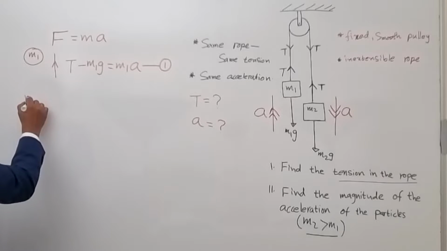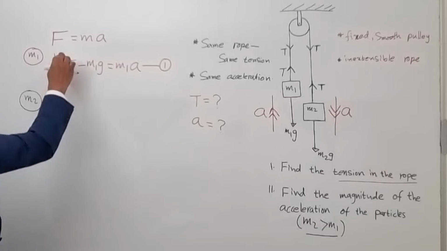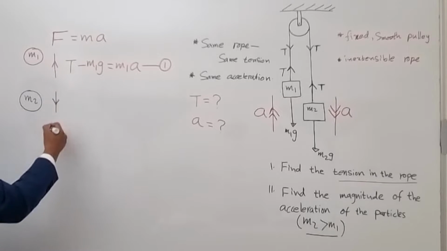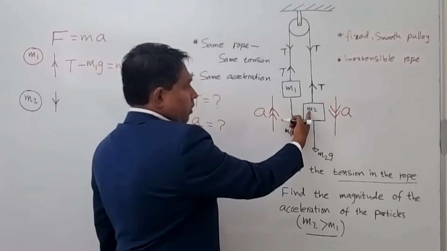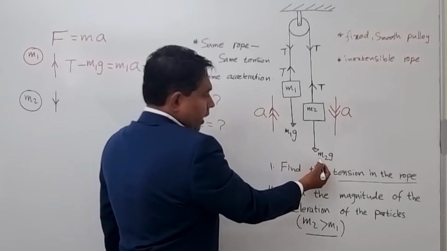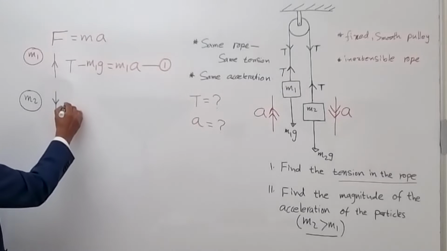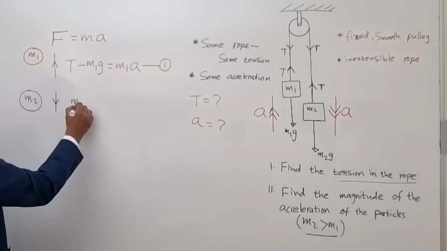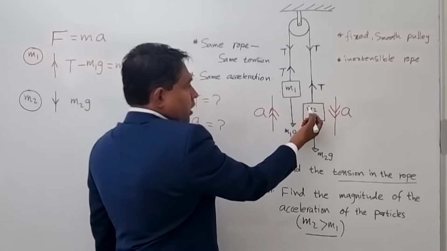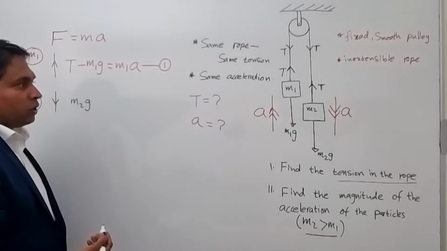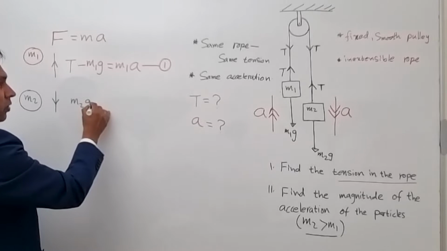Now let's see all the forces acting on this particle. I can see m2g is downward, in the positive direction, therefore that is a positive force, m2g, right? If you look at T, T is vertically up, so that force is a negative force, right?